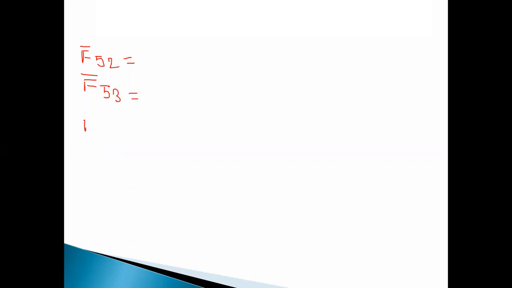So anyone just tell me what is F bar 52? F bar 52 is 0.953 into bracket, a bar x plus a bar x, and plus a bar z, plus a bar z.